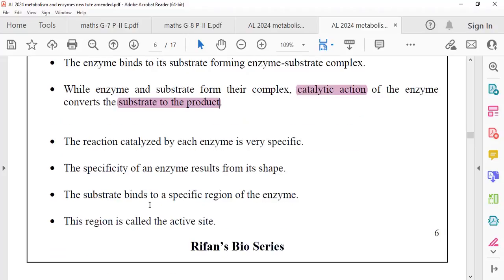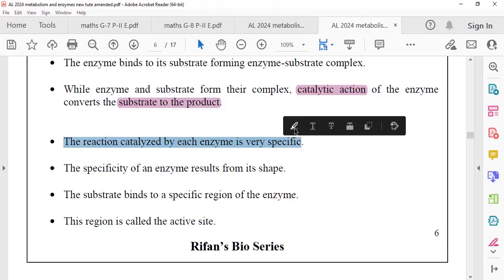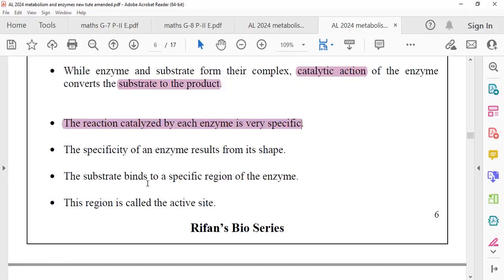Yes, sir. Fourth one is a simple point. Enzymes are substrate specific, you know, correct? Yes, sir. So if that enzyme is there, only that particular reaction will be catalyzed, correct? Yes, sir. Specificity of an enzyme results from its shape. Whose shape?